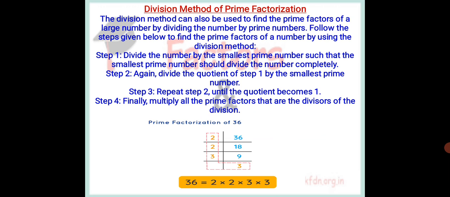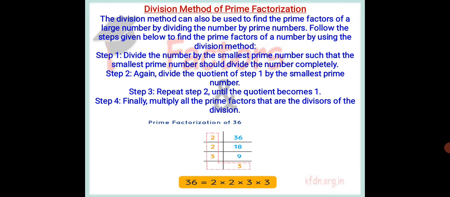Follow the steps given below to find the prime factors of a number by using the division method. Step number 1. Divide the number by the smallest prime number such that the smallest prime number should divide the number completely.